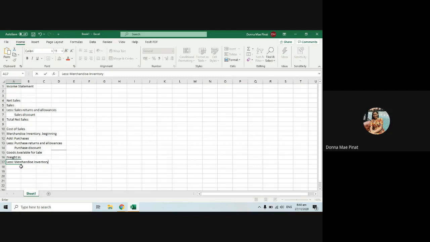Ako ba ako ang formula, guys? Ako sa i-check. Kasi hindi na ni mao. Kasi change na. Merchandise inventory and so okay.